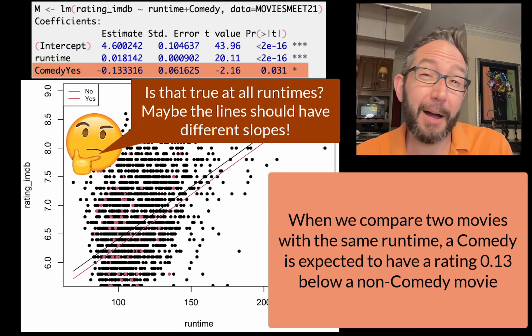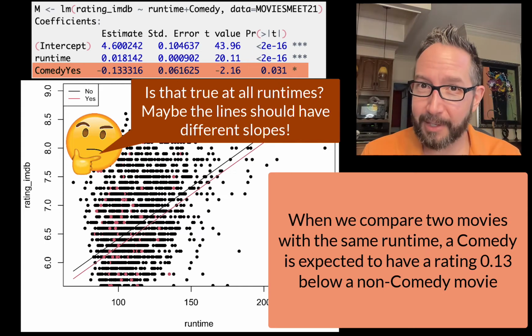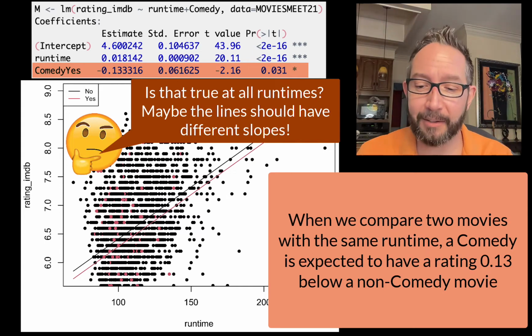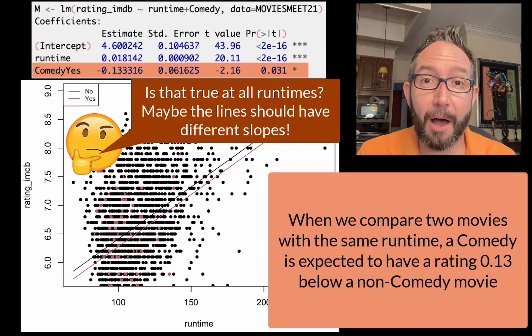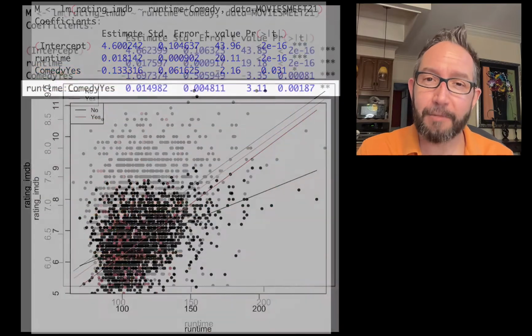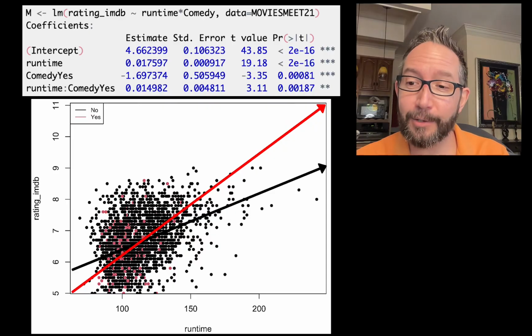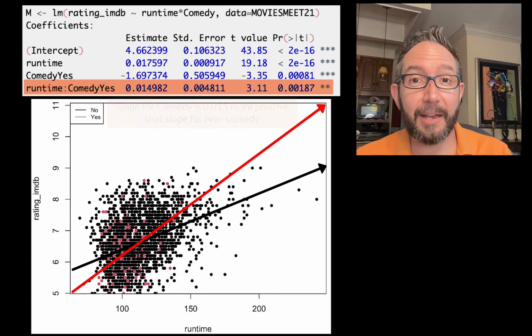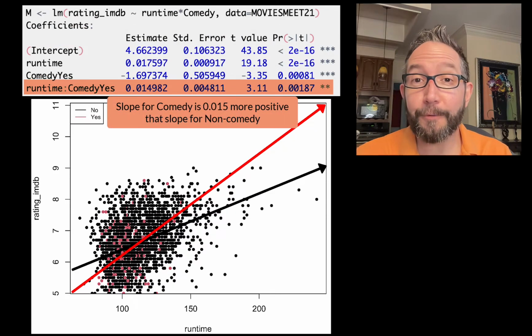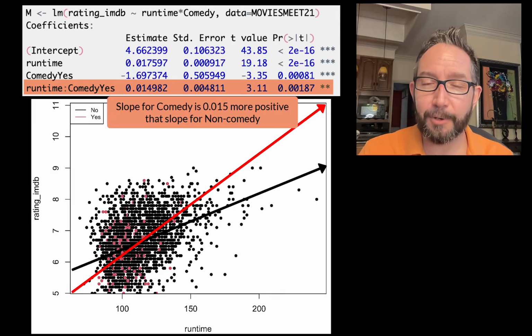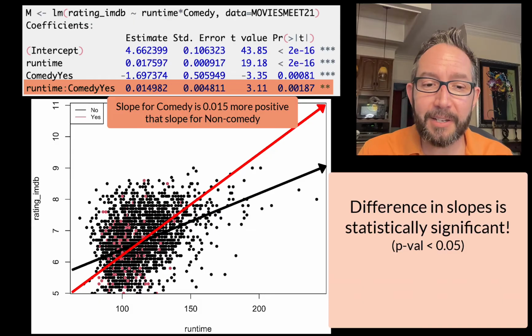Now, should we allow for the possibility that the slopes of these lines might be different between comedy and non-comedy movies? Well, let's fit the model with the interaction here, runtime times comedy. From the visual perspective, looking at the two different lines, it does look like those lines have pretty different slopes. The slope for comedy movies looks to be noticeably steeper than the slope for non-comedy movies. Is the difference in slope statistically significant?